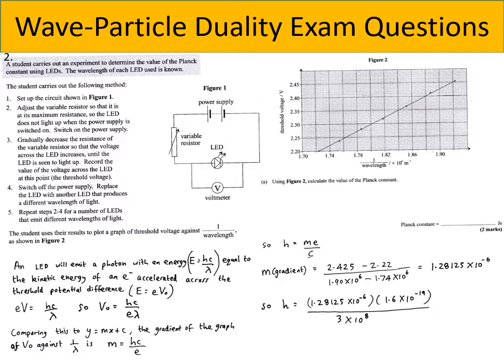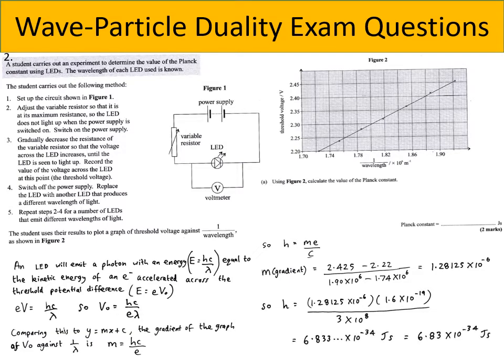So I can now substitute those values into my equation, h is equal to me divided by c, and I get 1.28125 times 10 to the power minus 6 multiplied by the charge on an electron, which is 1.6 times 10 to the power minus 19, all of that divided by the speed of light, which is 3 times 10 to the power 8.